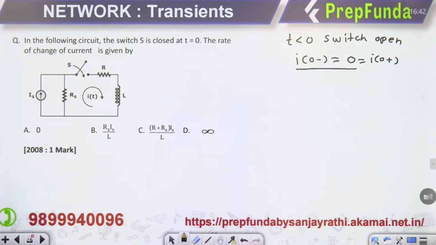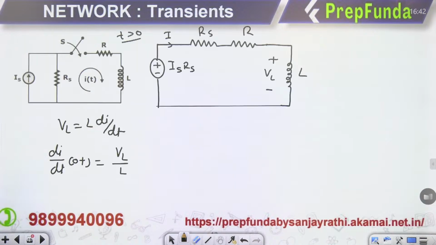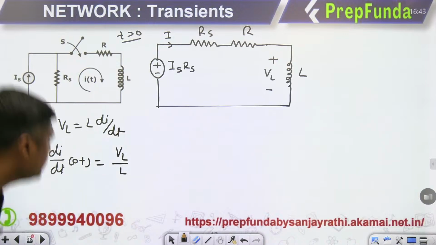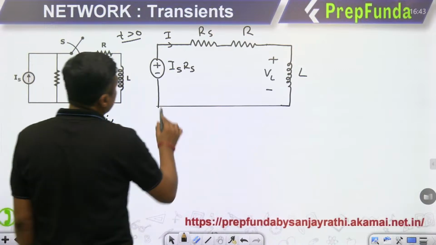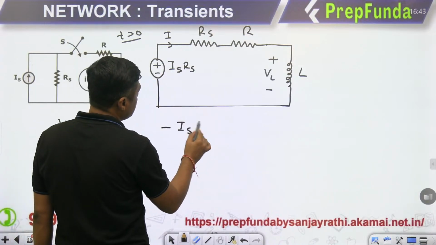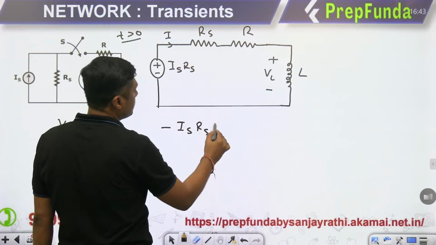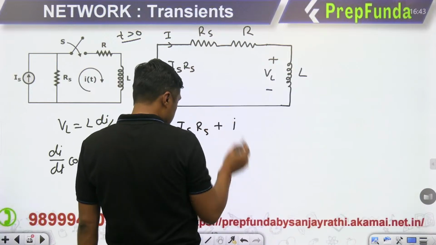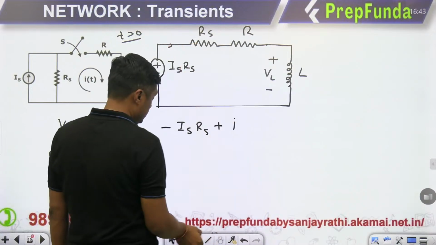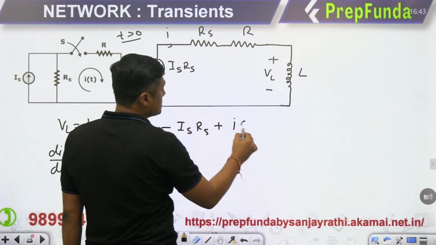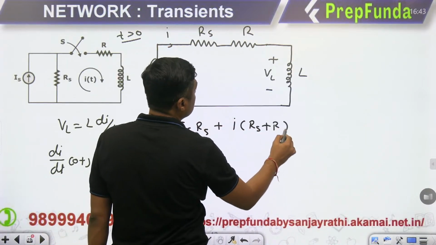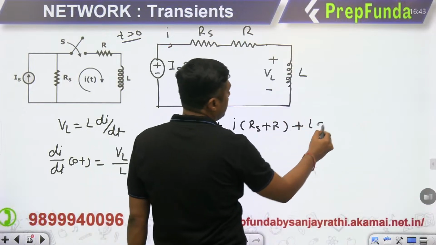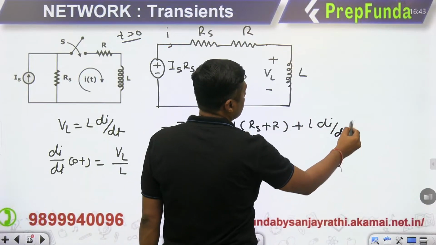Or you can apply KVL, guys. You can apply what? KVL. Okay, apply KVL and tell me what the answer is. If you apply KVL from here, minus Is Rs, this is constant, this is I, this is the current through the circuit. Or you can write it like this, small i, so that there will be no confusion. i(Rs plus R) plus L di by dt, that is the rate of change of current.